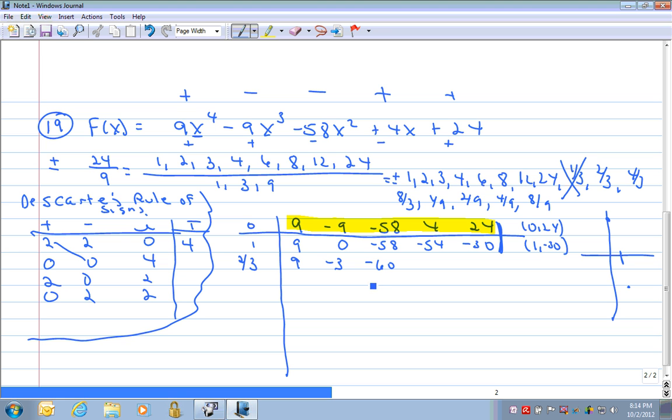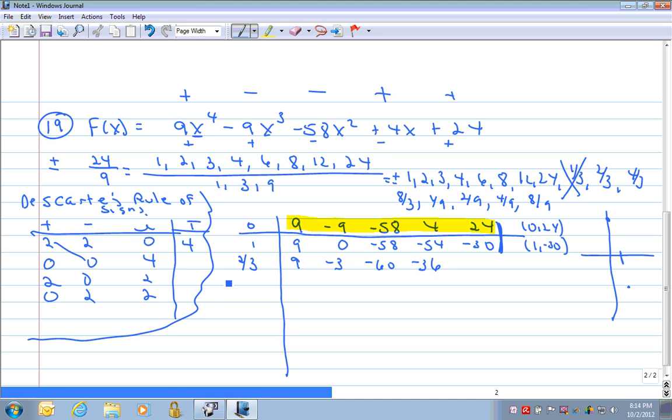Let's see if that's right. 20 times 2 would be negative 40. All right, so negative 40 and 4 would be negative 36.